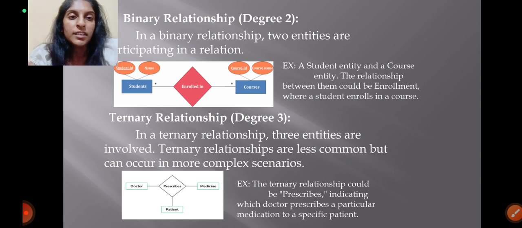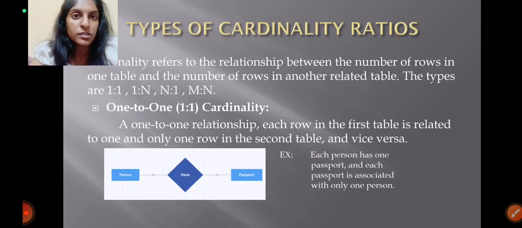In a ternary relationship, three entities are involved. Ternary relationships are less common but can occur in more complex scenarios. Example: the ternary relationship could be prescribed, indicating which doctor prescribes a particular medication to a specific patient.